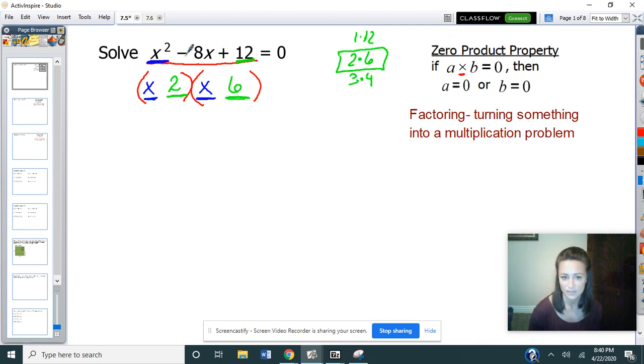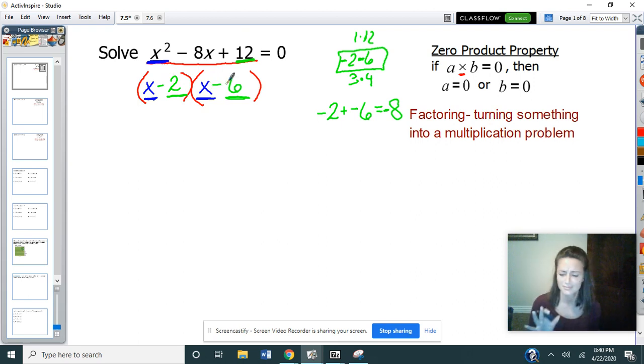We need it to be negative 8, and for this to add up to negative 8, we need negative 2 plus negative 6. But here, 2 times 6 gives me 12, and we're saying they're both negative. Do two negatives still give me positive 12? Yes. So it's going to be minus 2 and minus 6.